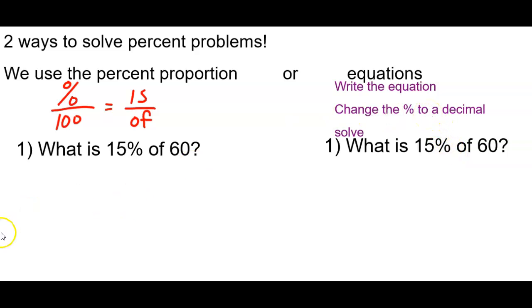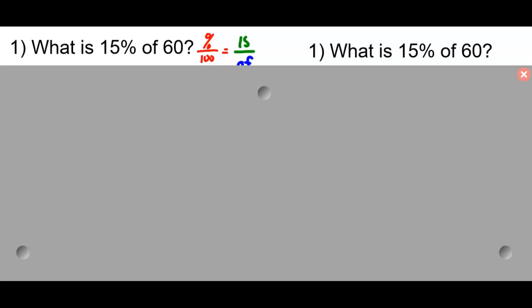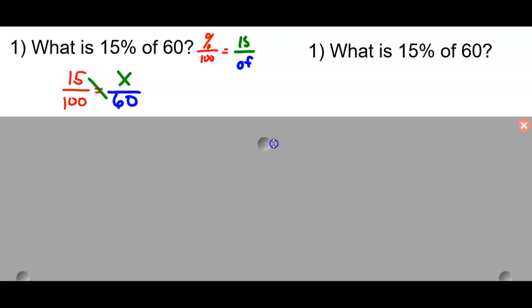So let's talk through one of these. If I have what is 15% of 60, I can write 15 over 100 because it's the number of the percentage over 100 without the percent sign. My is, my green part, so that's what I don't know, like I said.